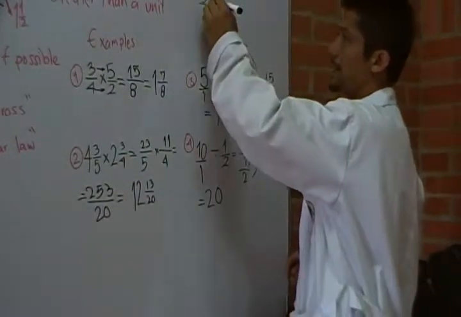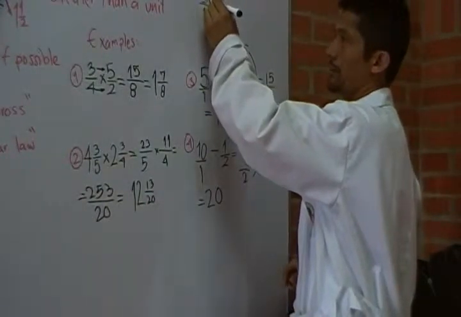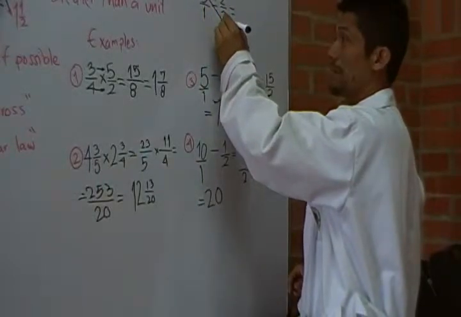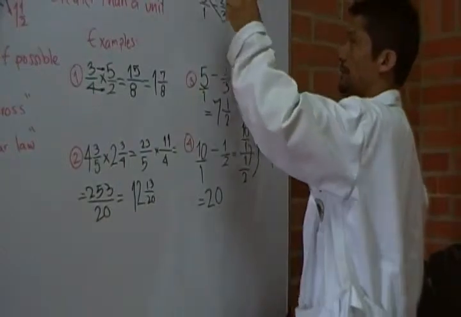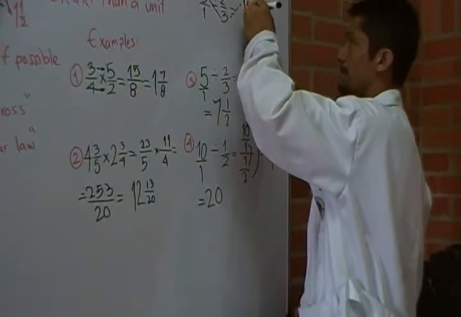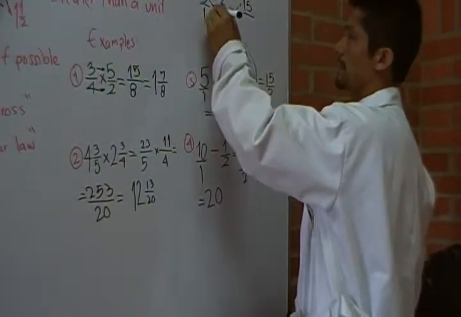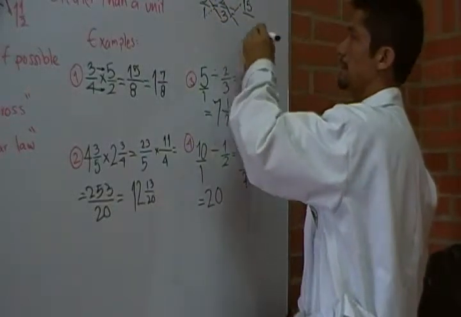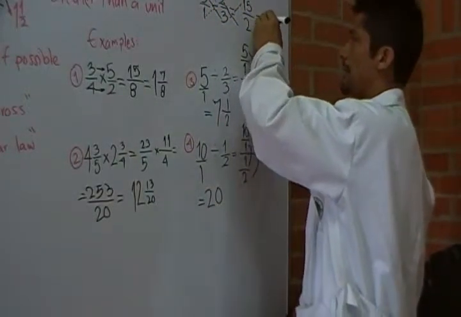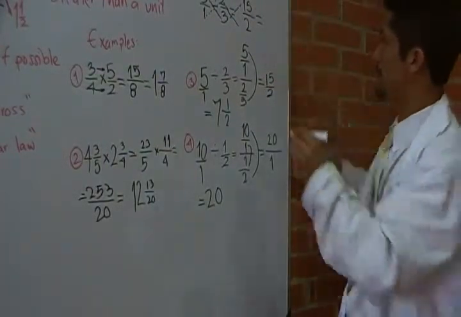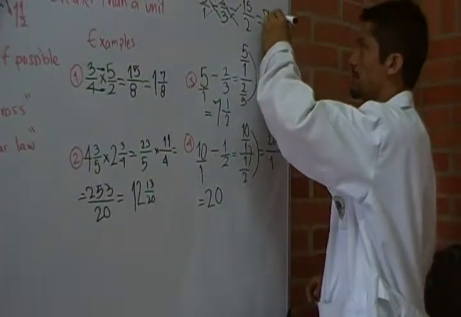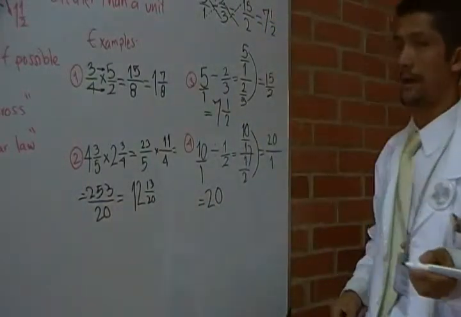It's a cross because you do this: numerator of the first times denominator of the second, and then it'll be the numerator of the result. So 5 times 3, 15. Then 1 times 2, and then 2. If you notice, you have exactly the same result here. So now it's just a matter of converting this improper fraction into a mixed number, which is 7 and 1/2.